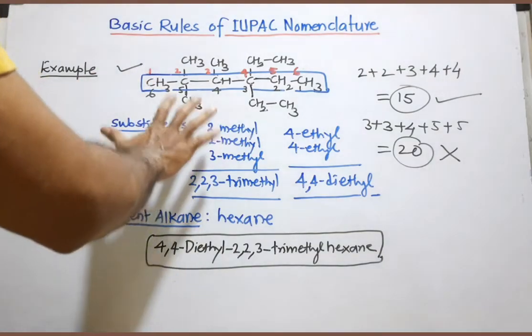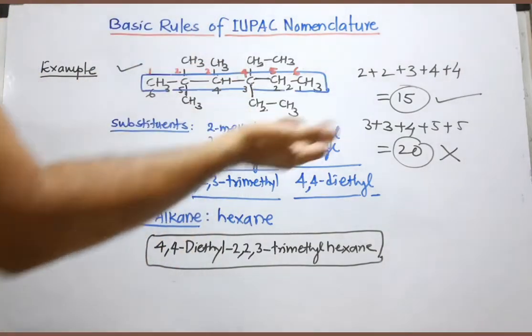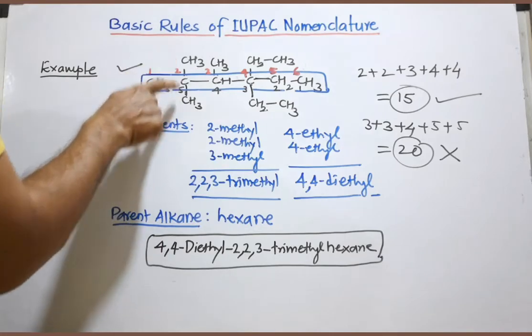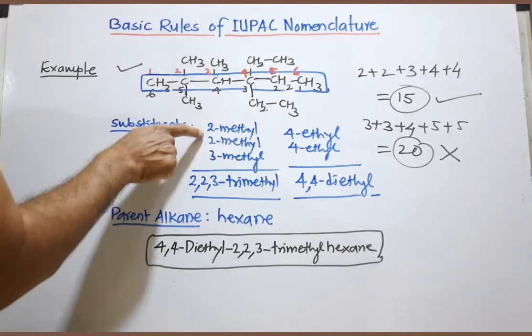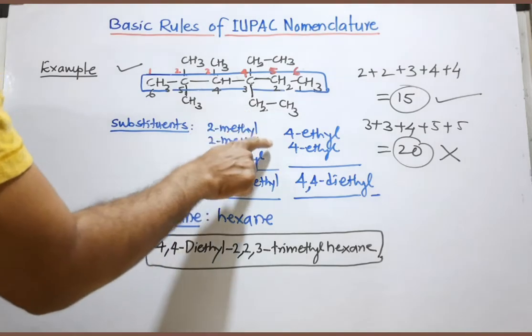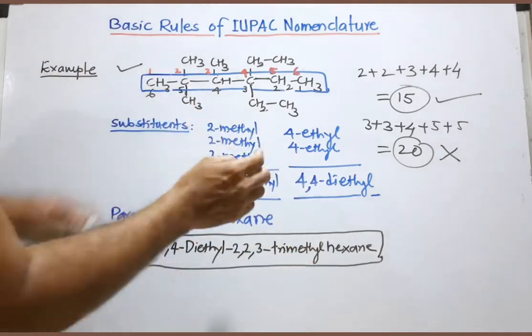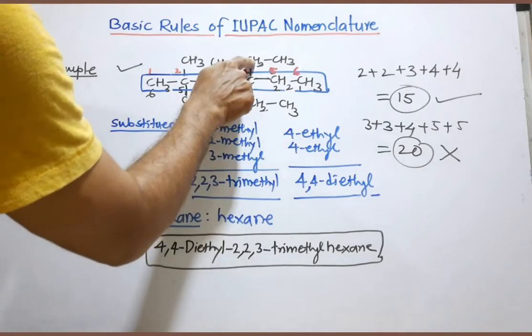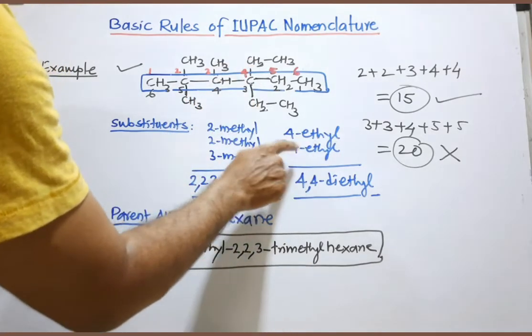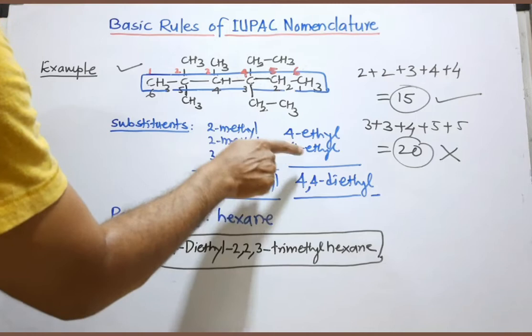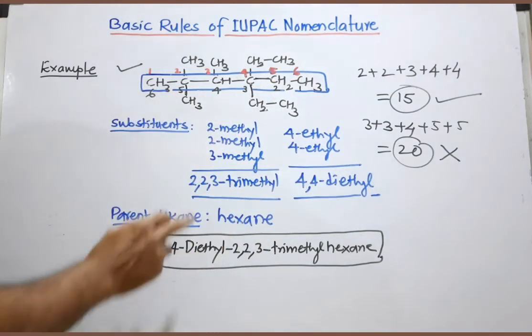After that, find out the names of the substituents. You repeat them. So there are 2 methyls, 1 more methyl: 2 methyl, 2 methyl and 3 methyl. Similar groups I am writing together because I have to add them together. Then at the fourth carbon there are ethyl groups: 4 ethyl and 4 ethyl. Always repeat even their locant numbers.